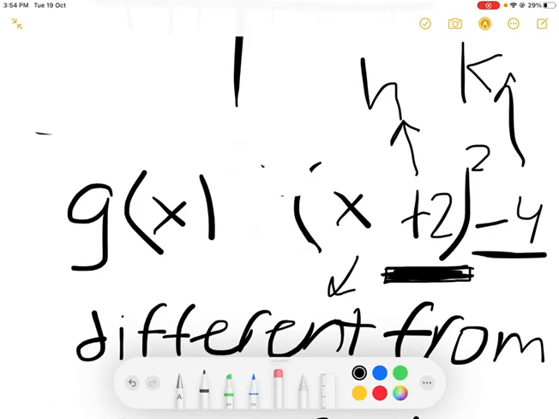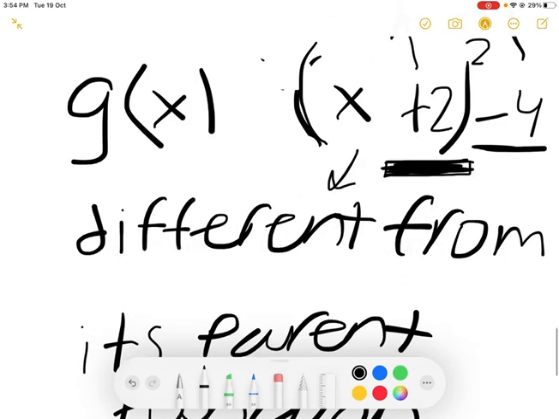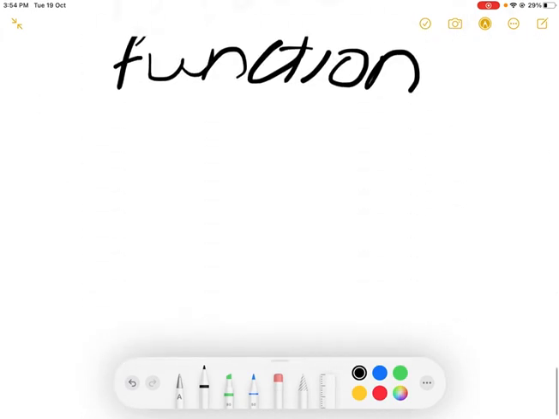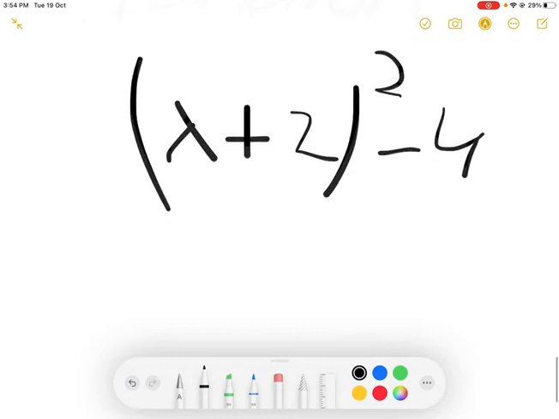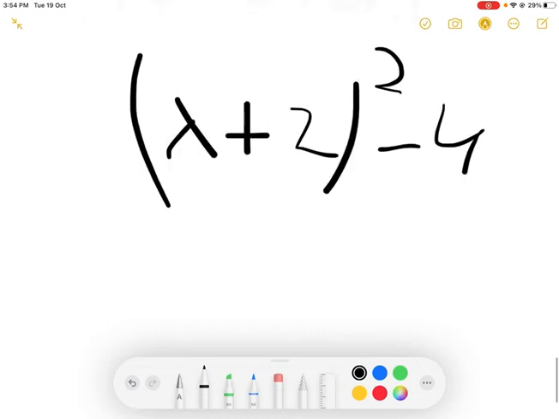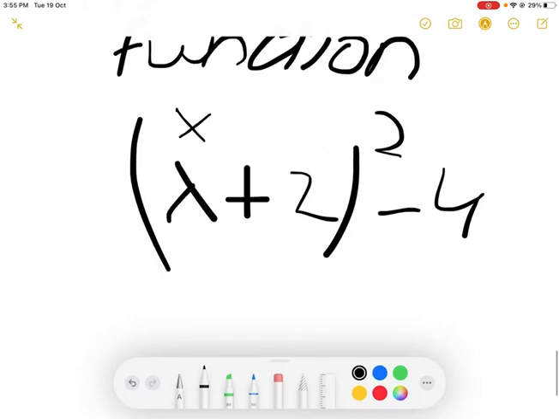Now we have x plus 2 squared minus 4. Because this is not an absolute value function, oh sorry, the original equation is x minus h.